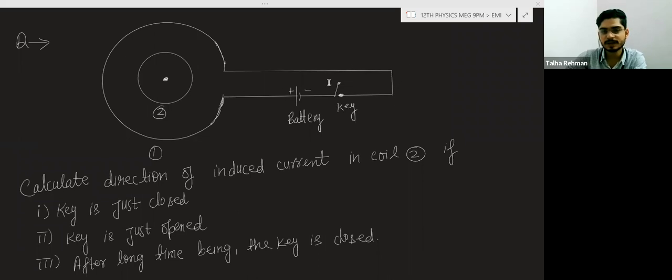This whole system is connected with the battery and a key is there, and you have to find the direction of the induced current in coil number 2, when the key is just closed, when the key is just opened, and after a long time being the key is closed. Nida completed this.